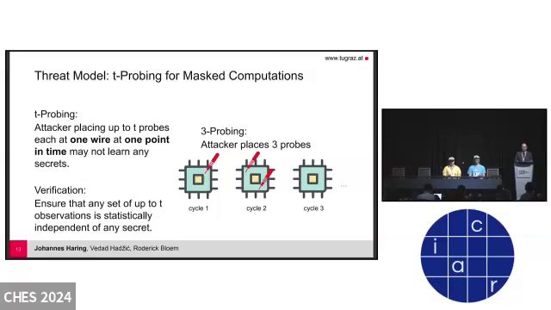So as you can see, as an example, in 3-probing, an attacker is allowed to place 3 probes, for instance, 1 at the first cycle of execution and 2 at the second cycle at a different location. And to verify that a system is secure against such a T-probing attack, we need to ensure that any set of up to T observations are statistically independent of any of the secrets.